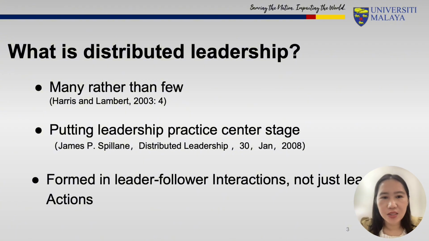This interdependence means everyone's input matters and no one person carries all the responsibility. In simple terms, distributed leadership is about sharing the leadership work across a team, using everyone's strengths through collaboration instead of relying on one leader at the top.